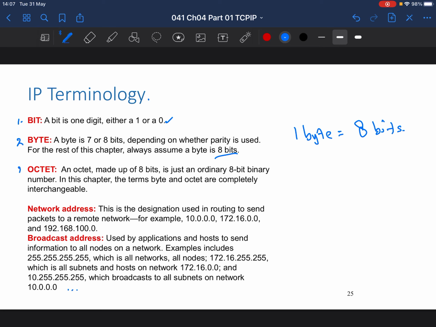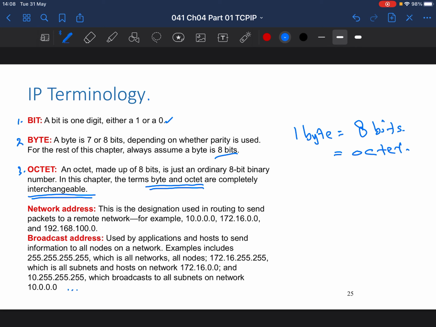Third is octet. An octet, made up of 8 bits, is just an ordinary 8-bit binary number. In this chapter, the terms byte and octet are completely interchangeable. So octet and byte are similar.